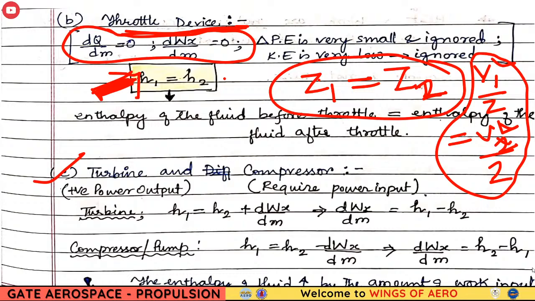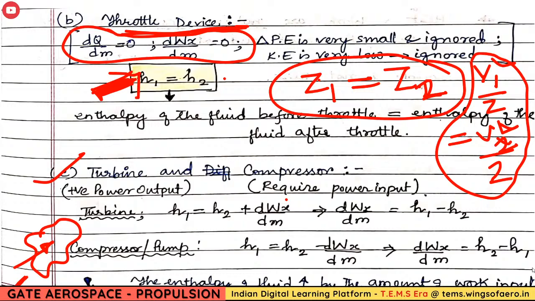So power input means compressor, power output means your turbine. Whenever there is power input entering into the system, the work will be negative.